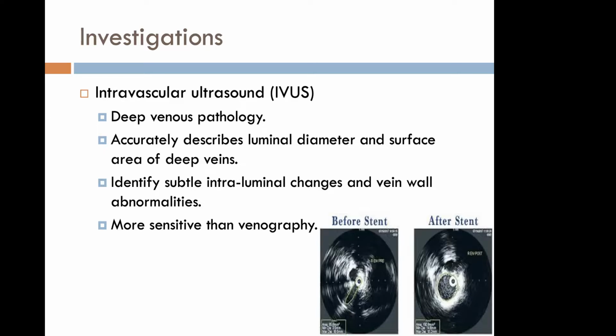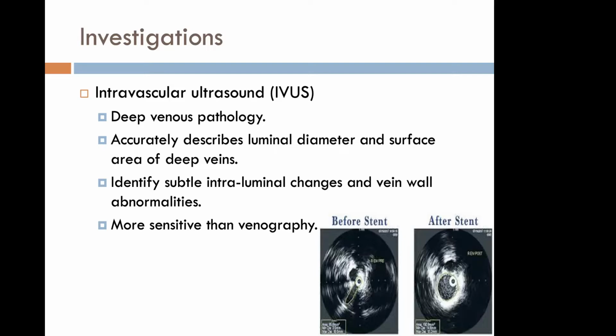Now, this tool is new in our setting. I mean, we're a developing country, but it's not necessarily new. This is what we call intravascular ultrasound. This is where you introduce an ultrasound probe within the venous system, and you're able to assess, determine and quantify the level of disease more accurately than any of the other investigations that I've discussed.